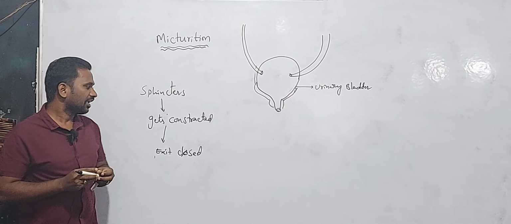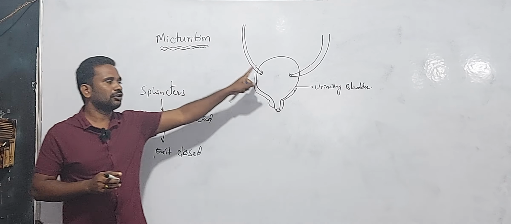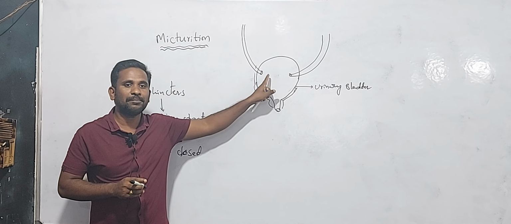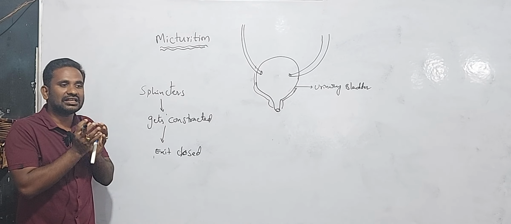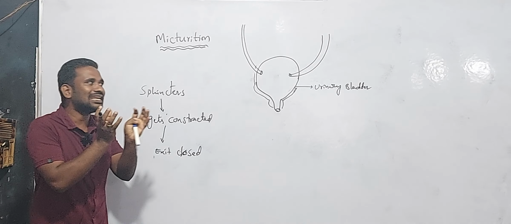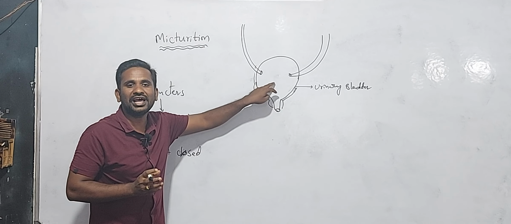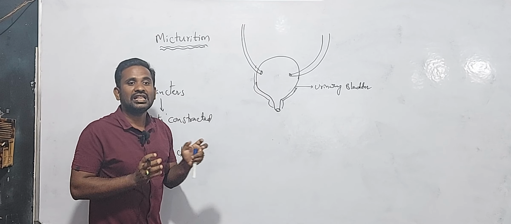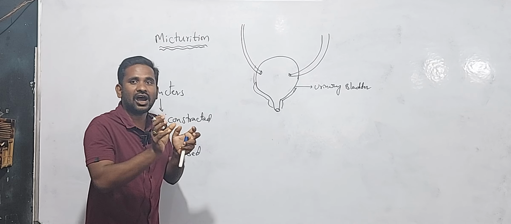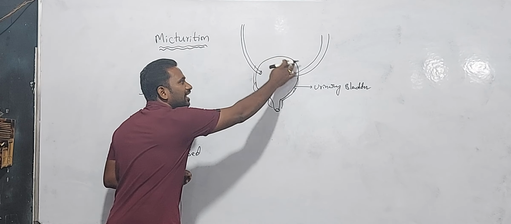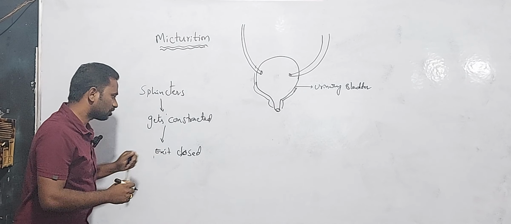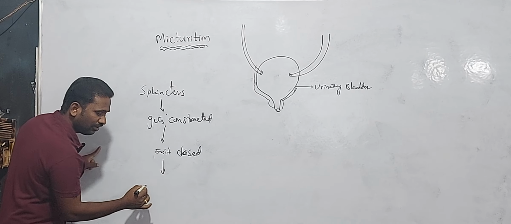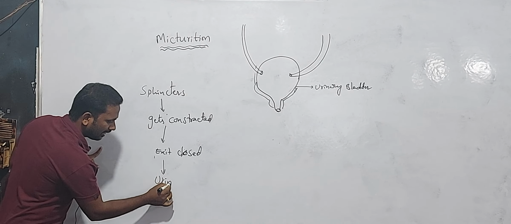If the urinary bladder fills up with urine, automatically the volume of the urine increases in the urinary bladder, so that gives some pressure on the walls of the urinary bladder. So the exit is closed and the urine levels are increasing.